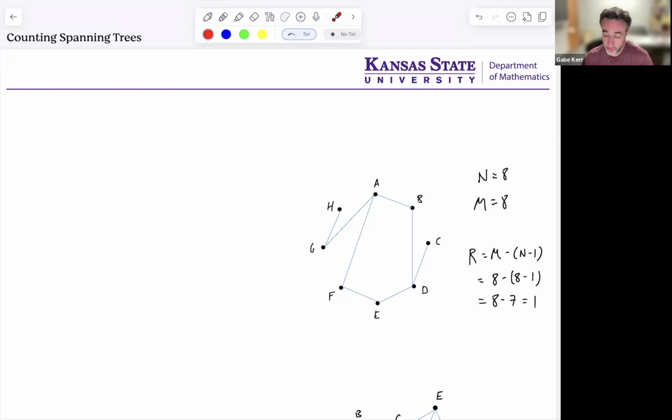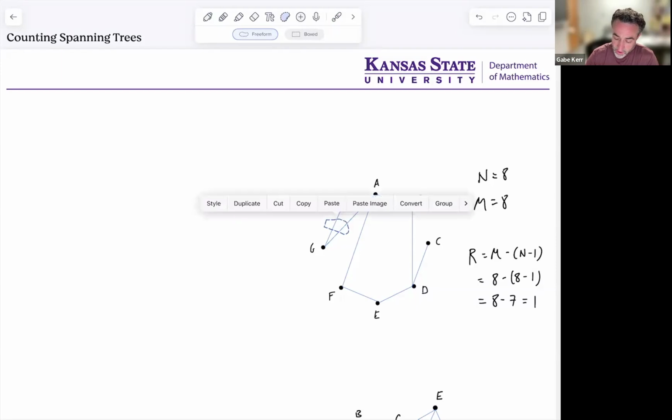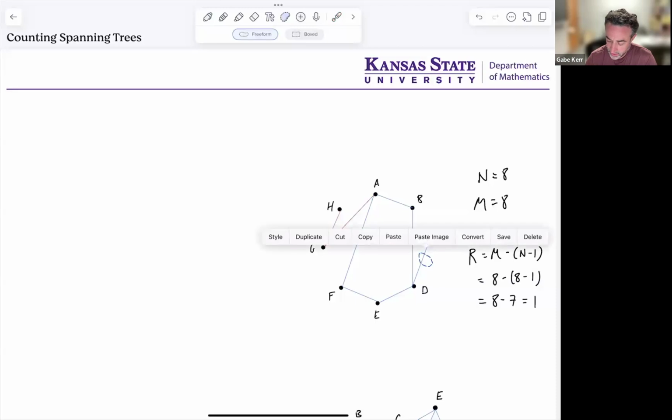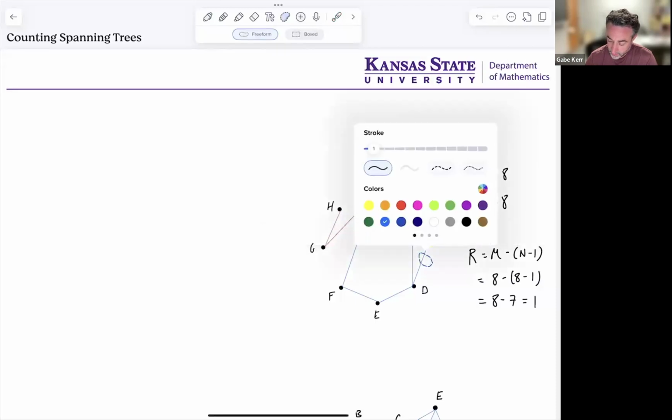In particular, all of the edges that are bridges, which would disconnect the graph if I remove them, must be in any spanning tree I might find. The reason is if they weren't, I would have a disconnected graph. So I'm going to make sure that these stay in the graph.